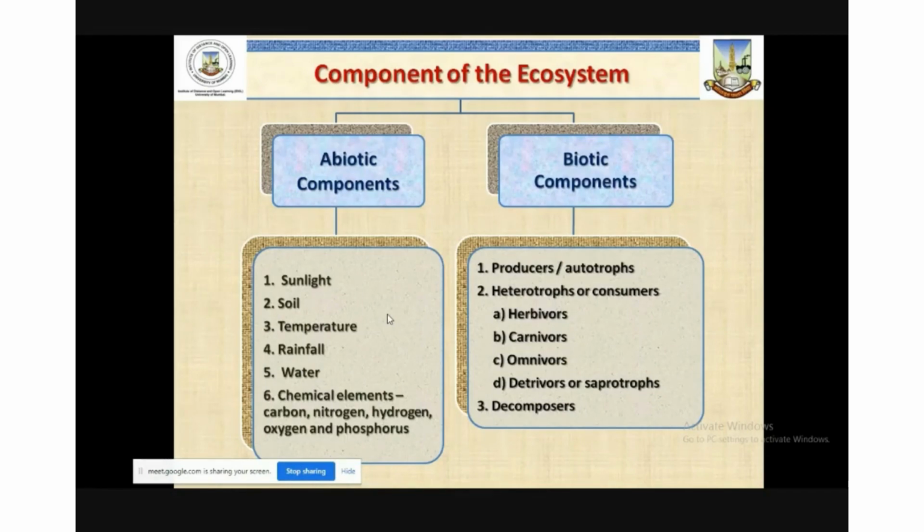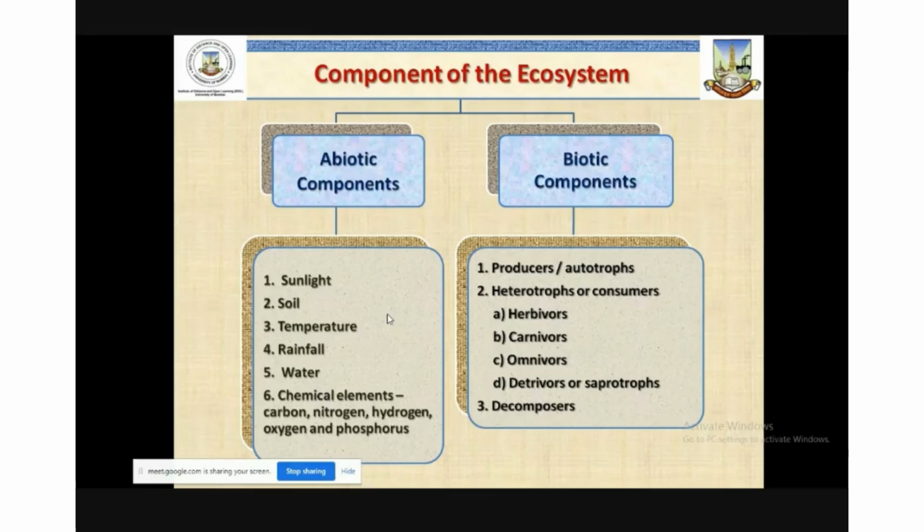The abiotic components, which provide the life-supporting system for organisms in the ecosystem, are sunlight, of course, soil, temperature, rainfall, which are the climatic parameters, water, and also chemical elements like carbon, nitrogen, hydrogen, oxygen, and phosphorus, which flow through the ecosystem through biogeochemical cycles.